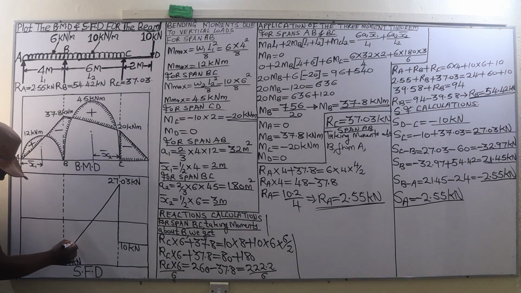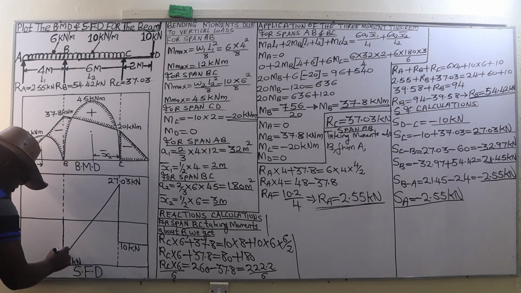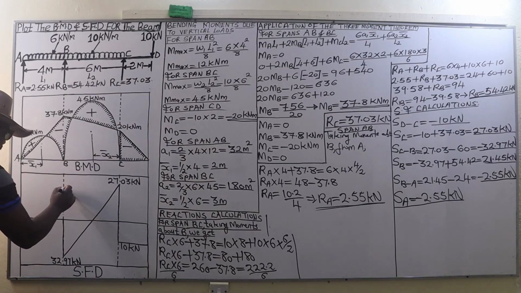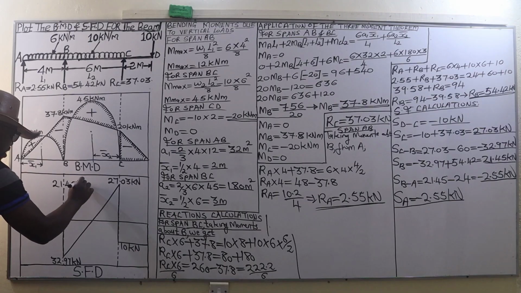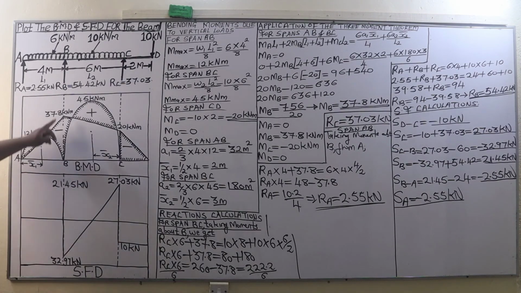So we are going to join it like that. Then join to the horizontal line. Then the shear force at B, 21.45. So 21.45, let's say is at that point, 21.45 kilonewtons. So that is the shear force at B.